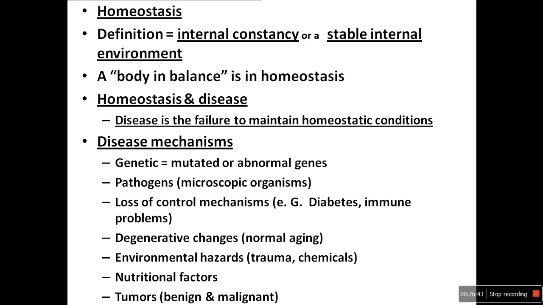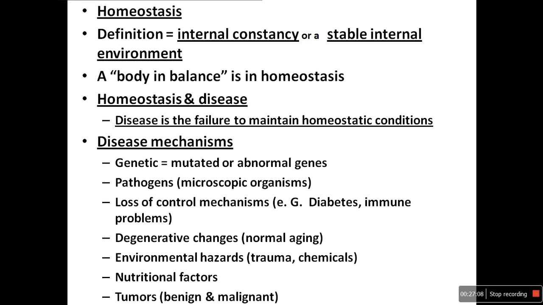There is a problem with the beta cells within the pancreas. In type 2, they secrete insulin but not in sufficient amounts. So we have loss of control mechanisms, and of course immune problems.